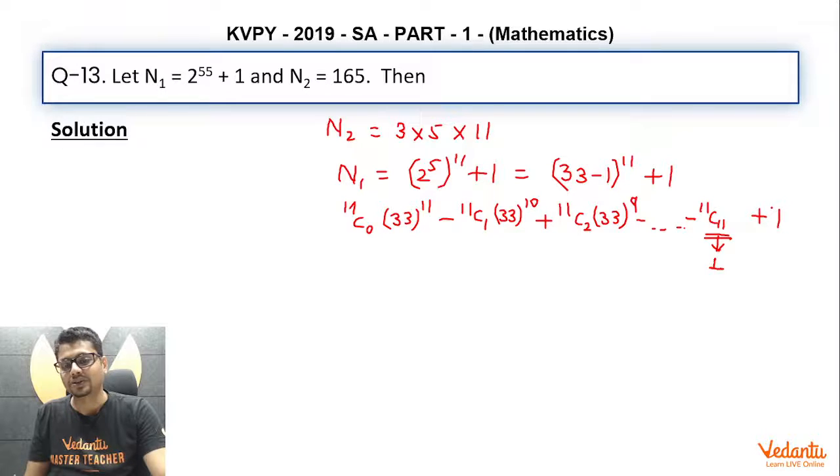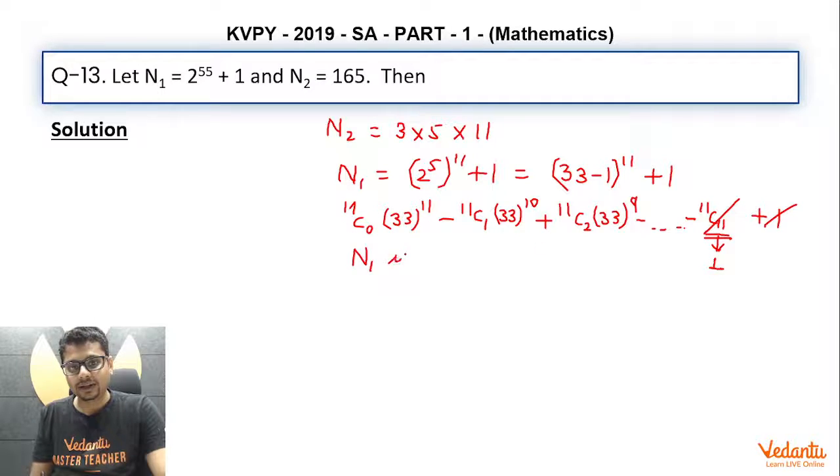So this cancels out. And if you see carefully, all other terms are multiples of 33, because the term just before this last term would be 11c10 multiplied by 33, because that will give 10 power to minus 1 and 1 power to 33. So this minus 11c11, which is essentially minus 1, and this plus 1 essentially cancel out, and all other terms are multiples of 33.